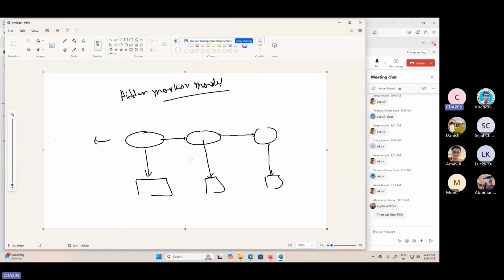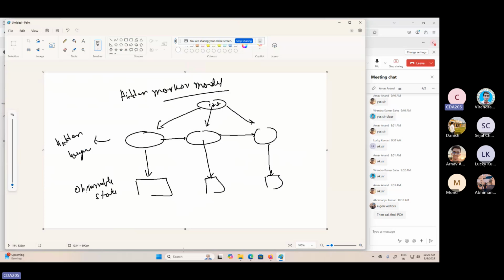These are known as hidden layers, and these are known as observable states, and we have the initial probabilities.